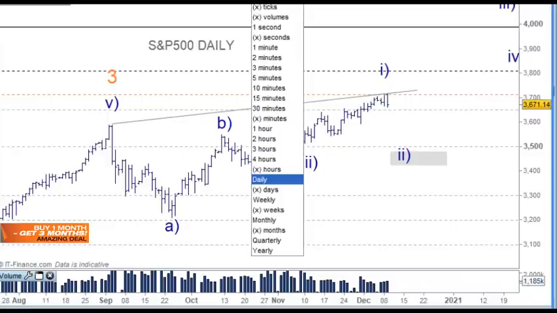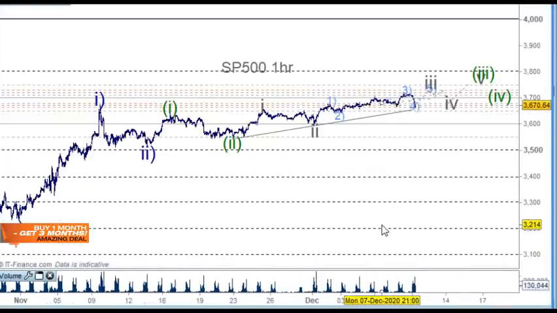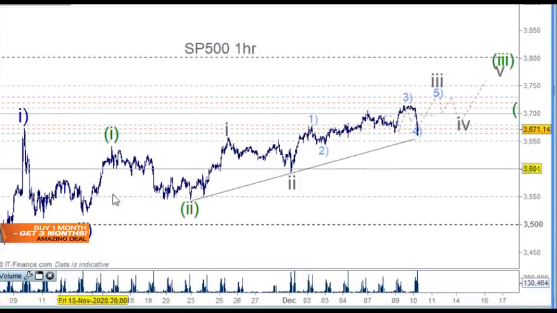First of all, let's have a look at where we were yesterday, just on the hourly chart. On the hourly chart, we were looking at this as a bullish move, as wave 1 over here and wave 2 here, and wave 1 here and 2 here, and 1 here and 2 here, and going up for wave 3.